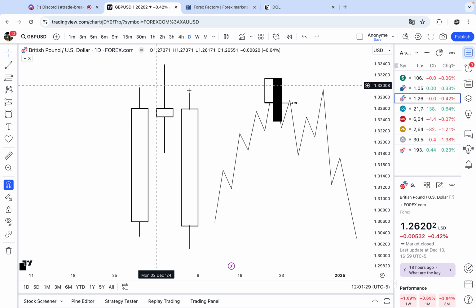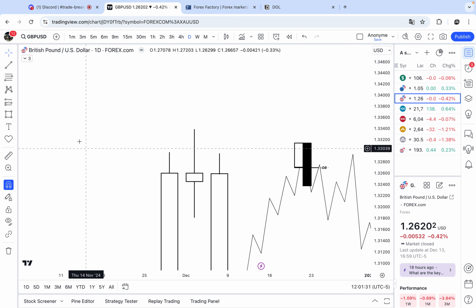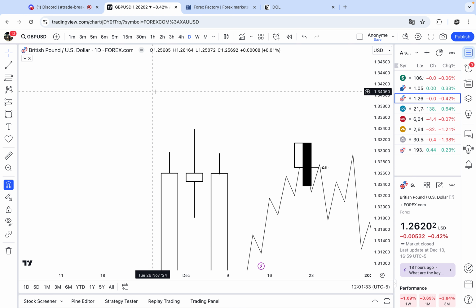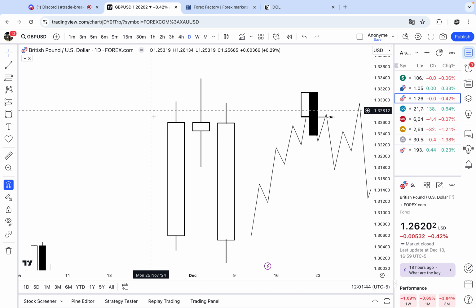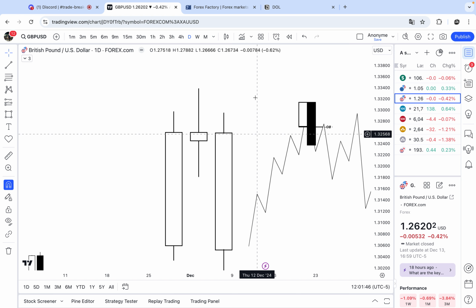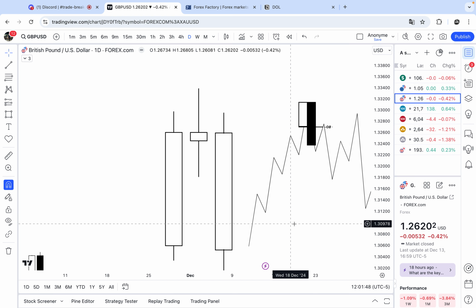You got the CRT high, the CRT low, and you got the key levels. This is going to be for another topic because I can talk about it for hours. But for a high probability CRT, you need to have key levels and it needs to be in the same direction as your bias, right?